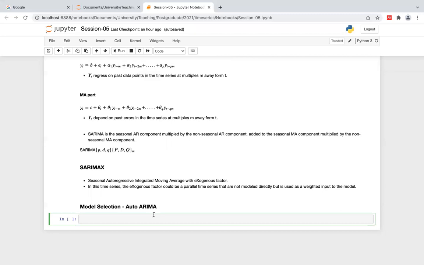But I said earlier, when we started the session, that AutoArima is going to identify these parameters automatically rather than us worrying about this manual process.